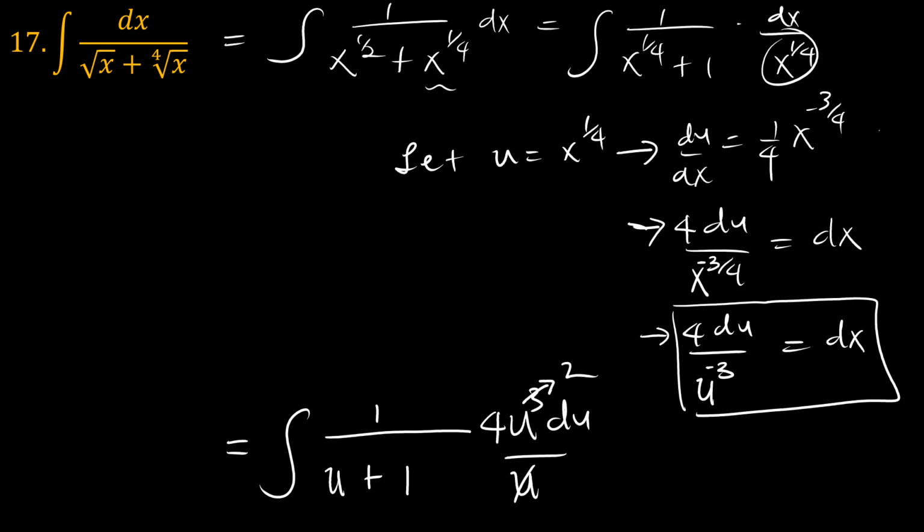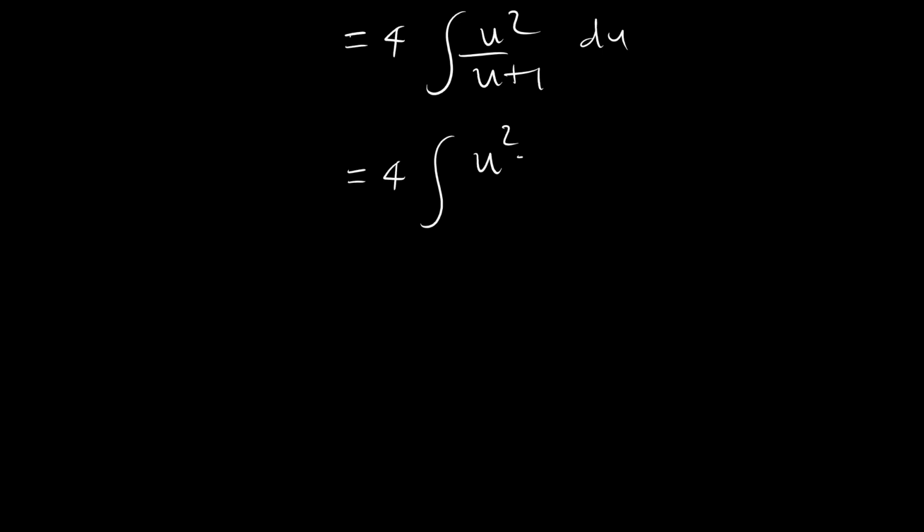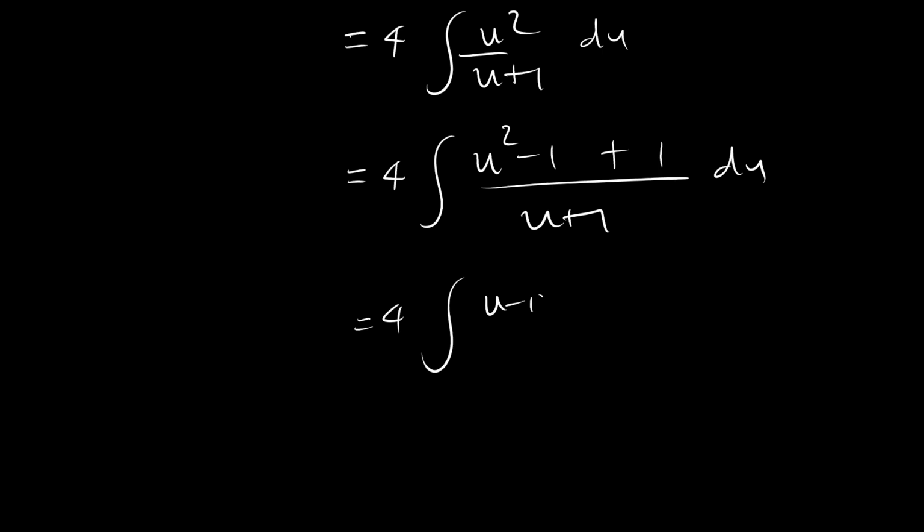So we have our problem now morphed into u squared over u plus 1, which is u squared minus 1 plus 1 over u plus 1.